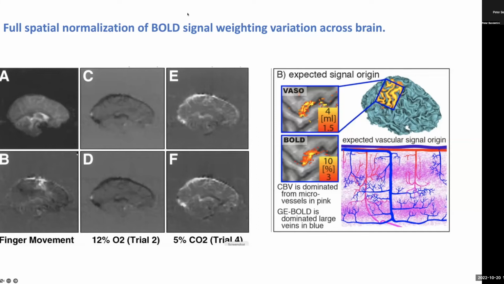So at very, very high resolution, it's becoming more of an issue. Basically, if you're trying to look at layer specific activation, then if you have heavy weighting of venous blood volume at the surface, it's hard to discriminate upper versus lower levels of activity.